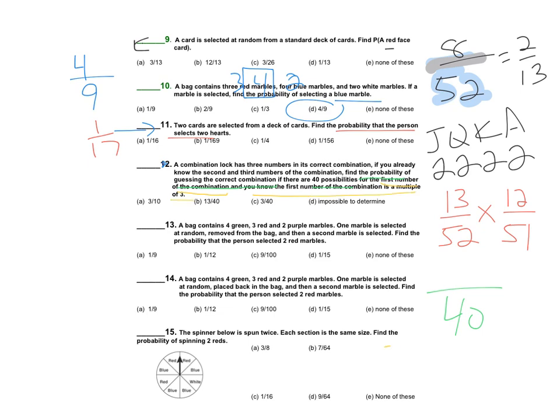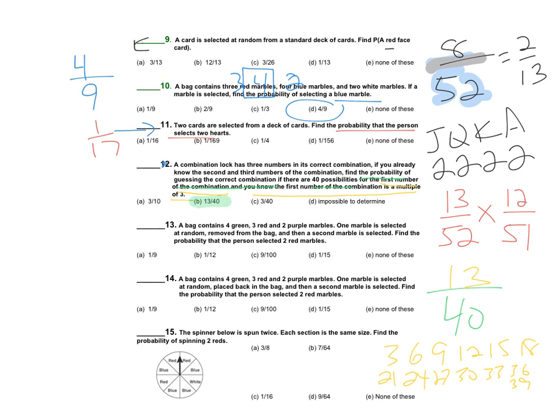So the first number could be a 3, 6, 9, 12, 15, 18, 21, 24, 27, 30, 33, 36, or 39, because it goes up to the number 40. So it looks like here there are 13 out of 40 favorable over total.